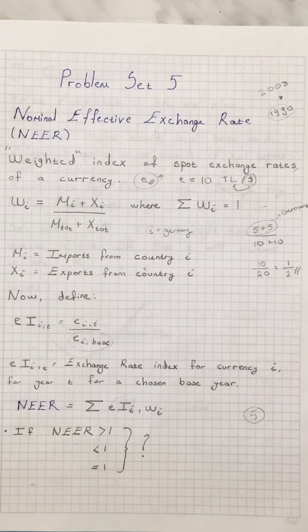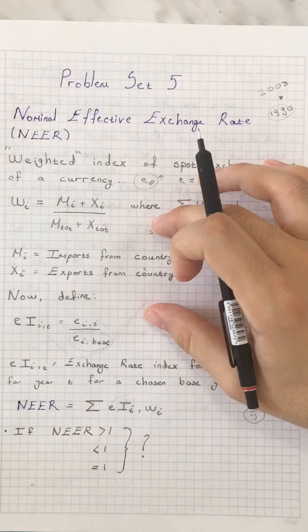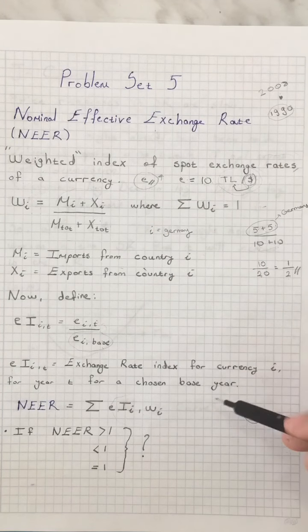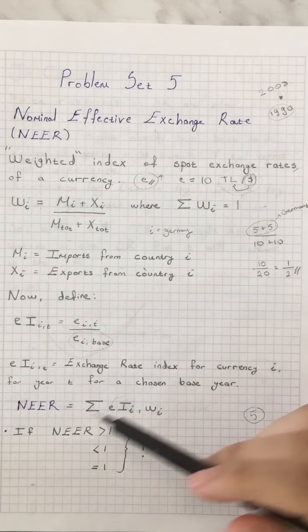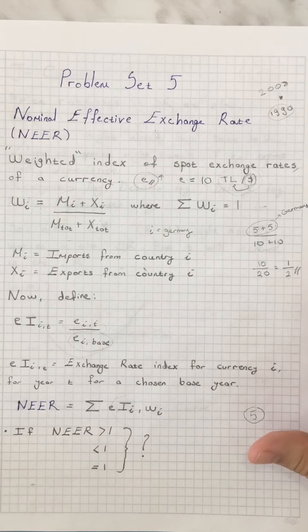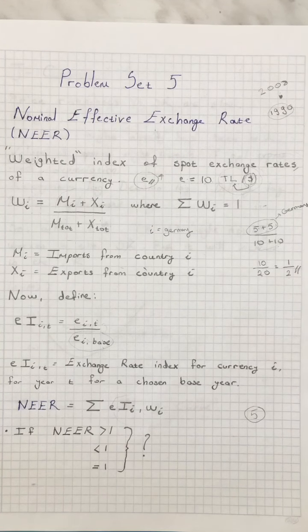You do this for every country, multiply by the weights and sum these up for all of the countries, and you'll get your nominal effective exchange rate. It might seem complicated to calculate, but you'll see it's actually easy when we go into the questions.